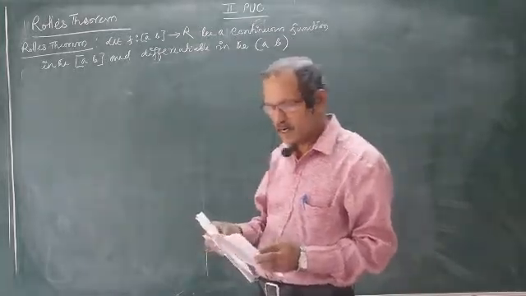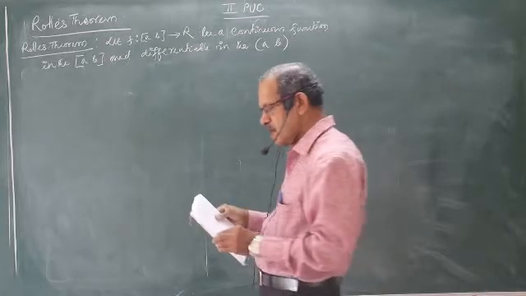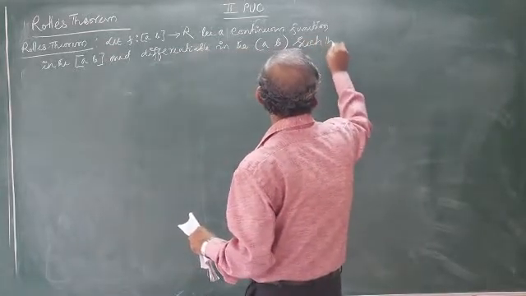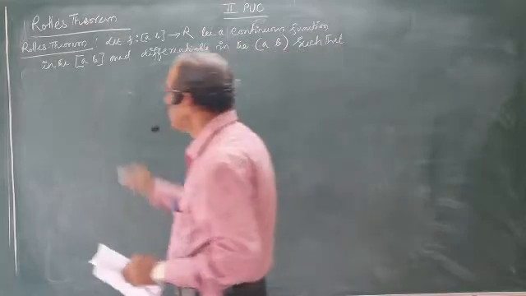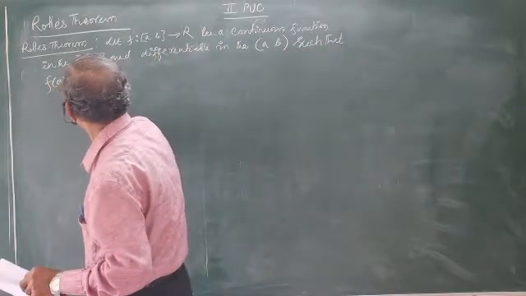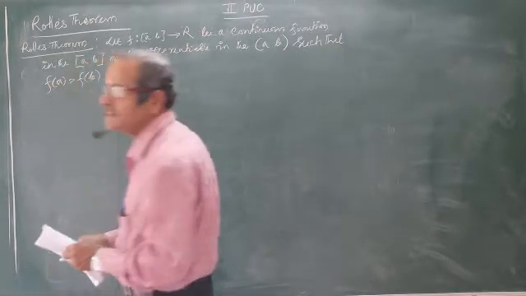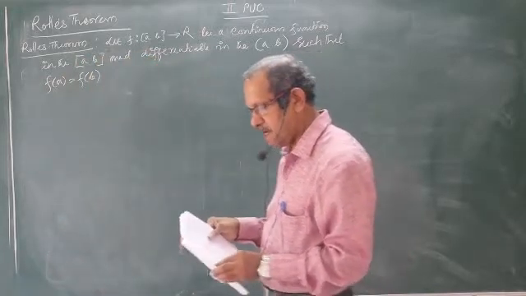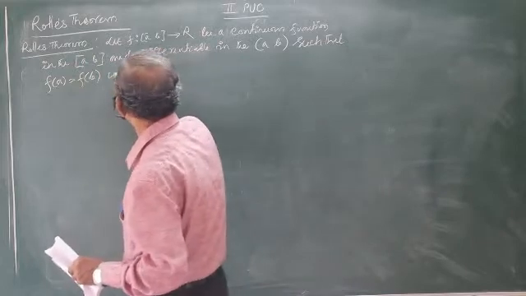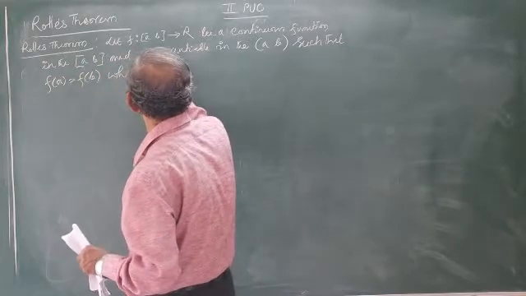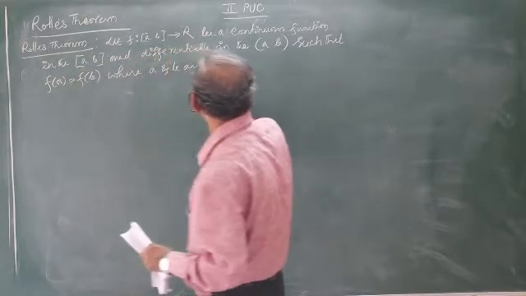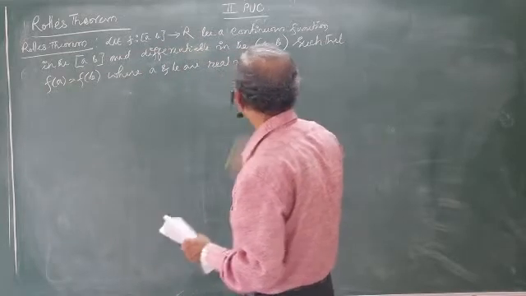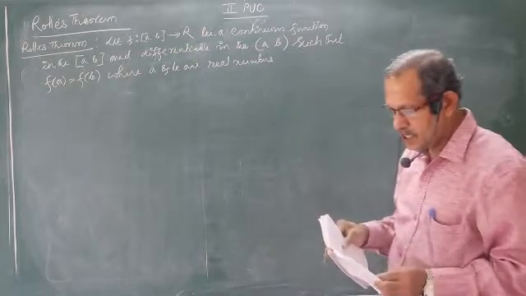That is, an open interval is taken, such that f of a equals f of b. The values of the function at the endpoints are equal, where a and b are real numbers.